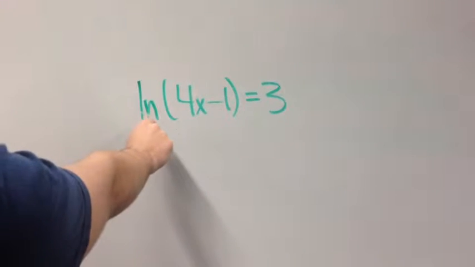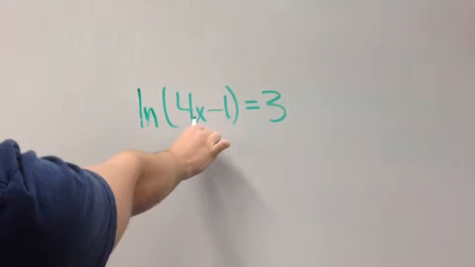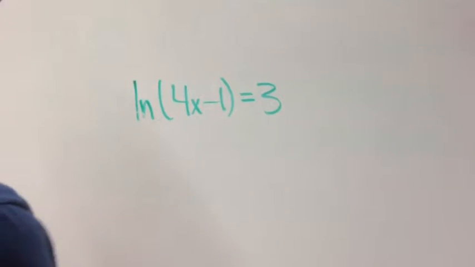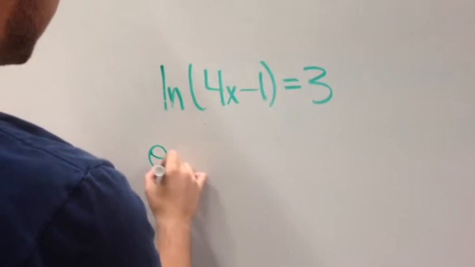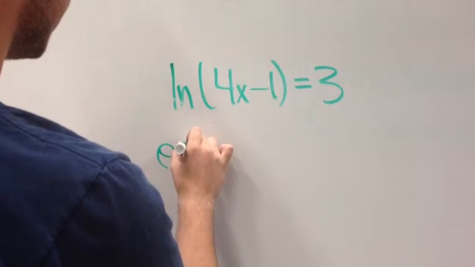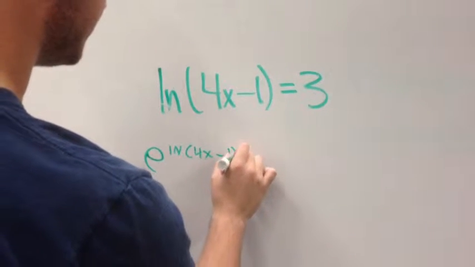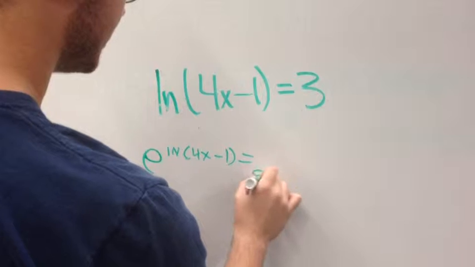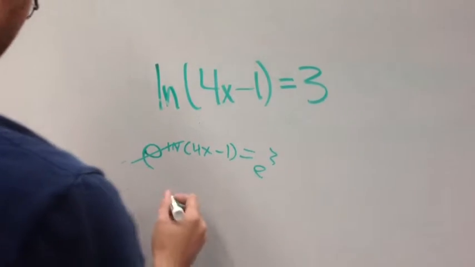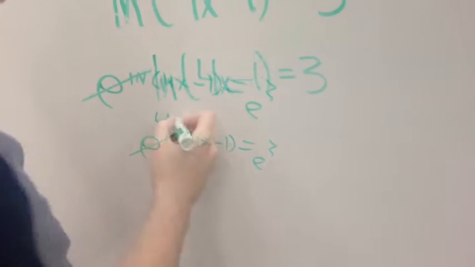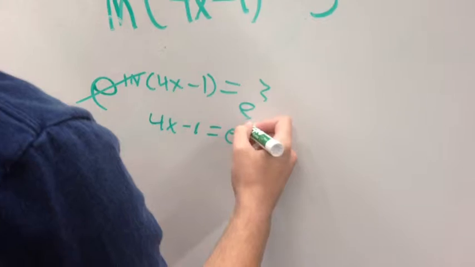The equation we're going to be solving is the natural log of 4x minus 1 equals 3. First, you need to raise everything to the power of e. That will cancel out the natural log. 4x minus 1 equals e to the power of 3.